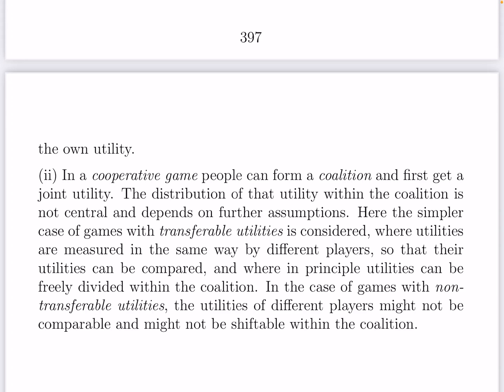There's also a more exotic case of non-transferable utility, where the utilities of the different players might not be comparable, might not be shiftable. We will not treat this case at all, but this technical term exists. So it's not part of the theory which I develop here how the coalition value is distributed within one coalition.